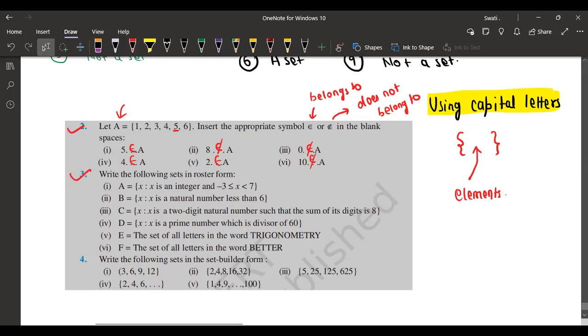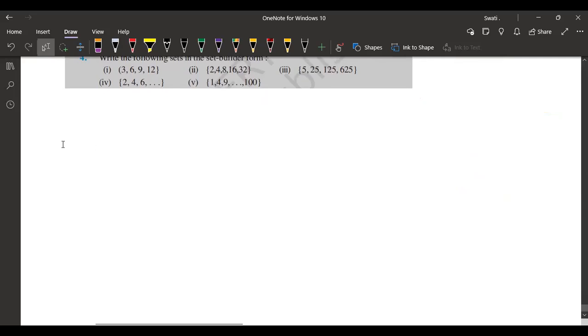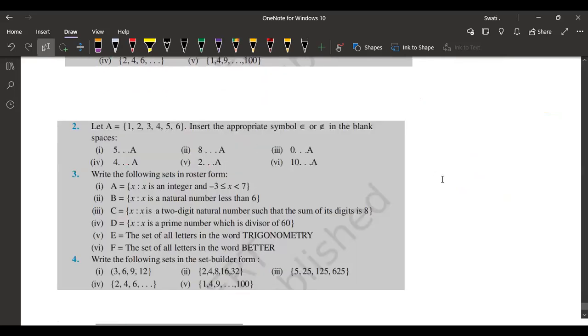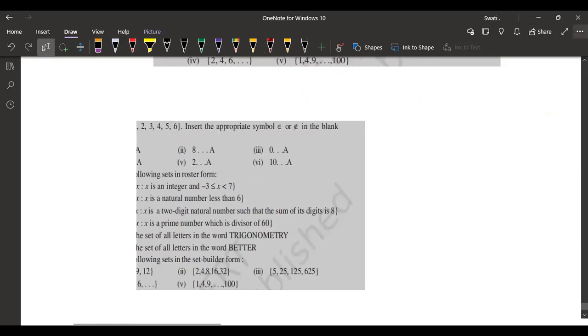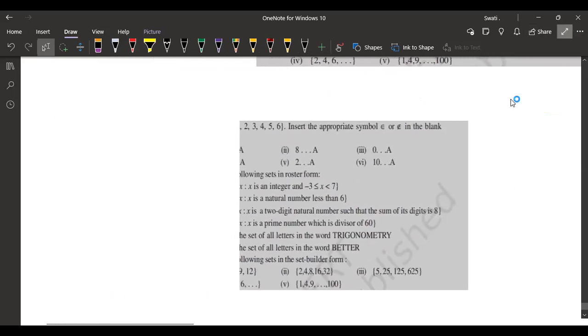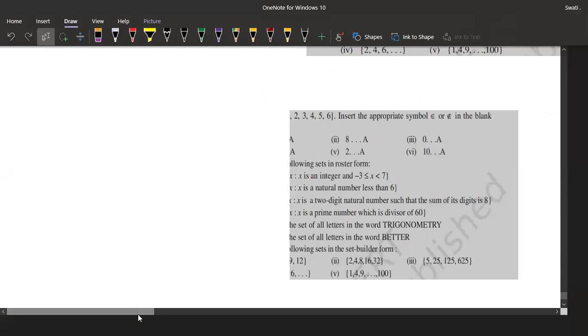For the third question, I'm just going to put the question once again, and I'll start with the third question. I'll make it a little smaller so that I can write down the answers here.